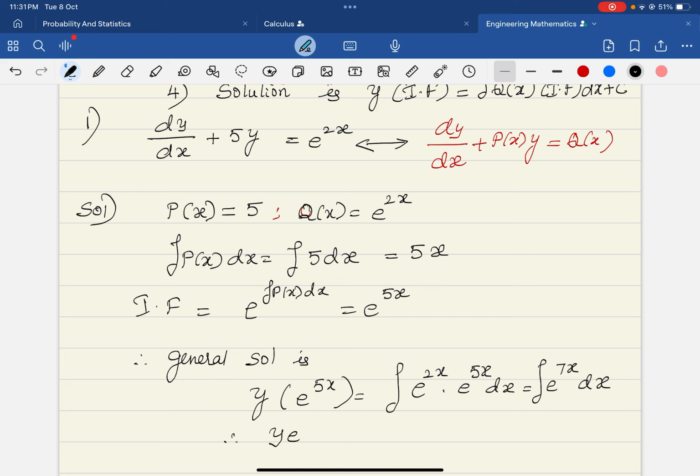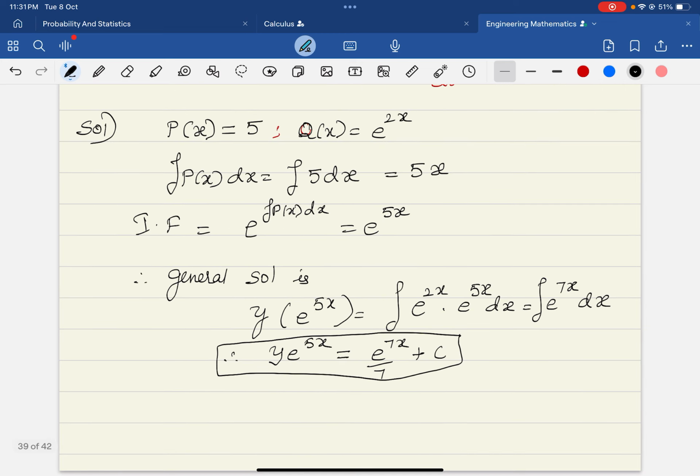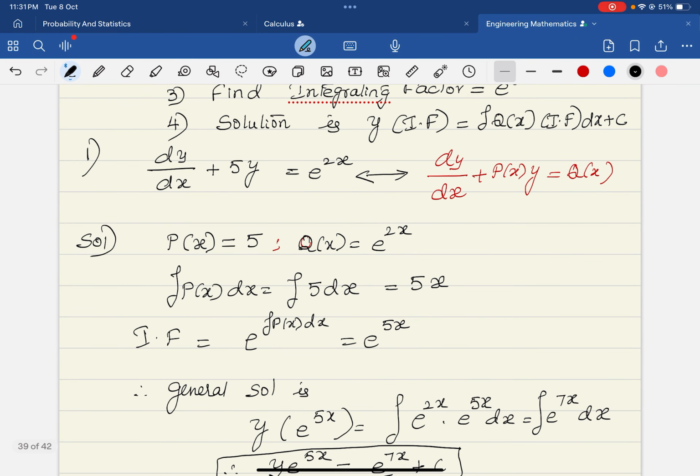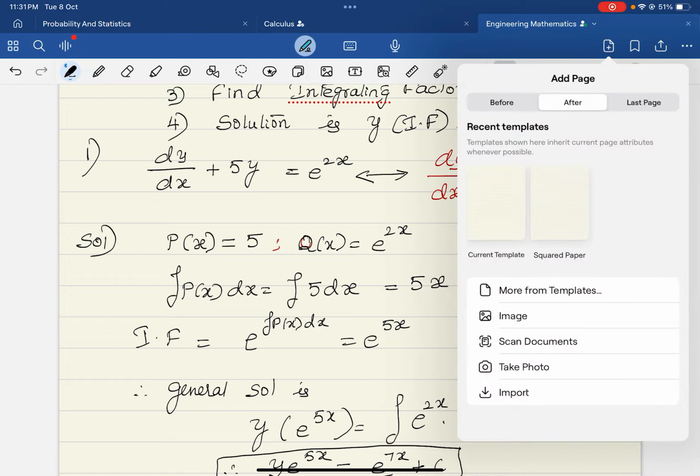Therefore, the solution is y into e raised to 5x is e raised to 7x over 7 plus the constant. This is the solution. I hope you are able to understand. This is the way to solve a linear differential equation.